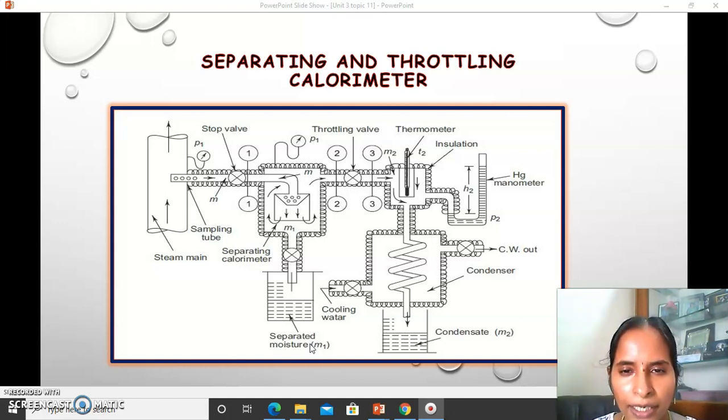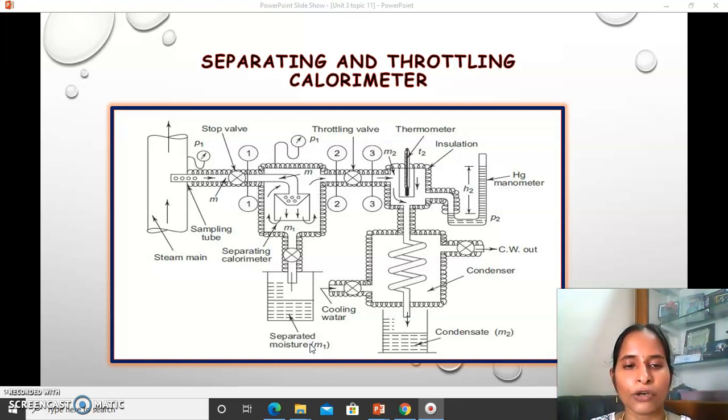in the separating and throttling calorimeter also, but one more process is involved, which is separation. What is separation? Our input is the mixture of liquid water and gaseous water vapor.